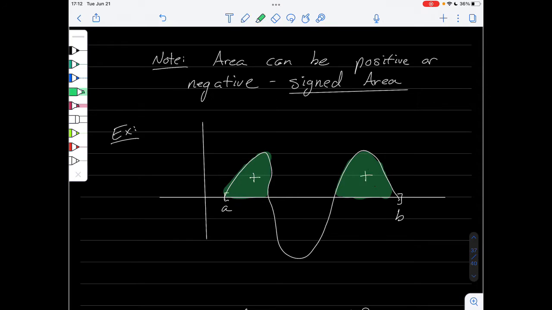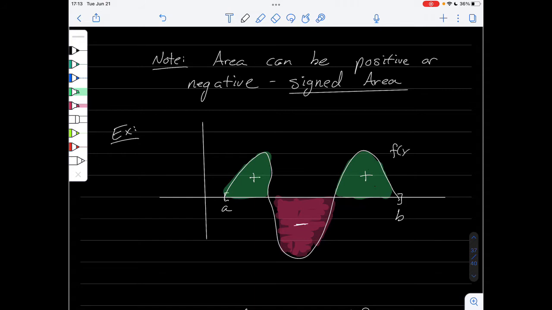And if it lies below the curve, like this red region here, or pink region, I'm not really sure how it translates, this is a negative area.